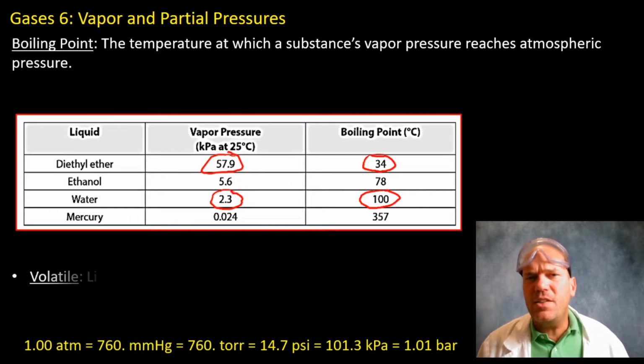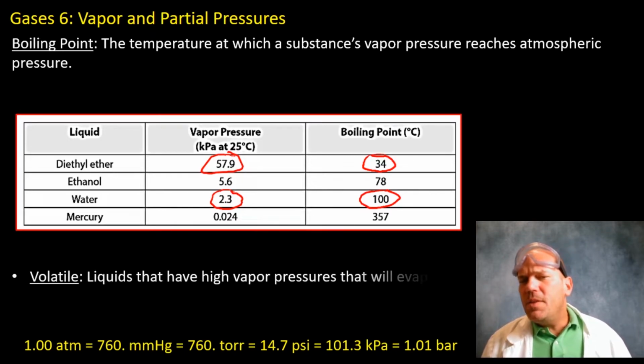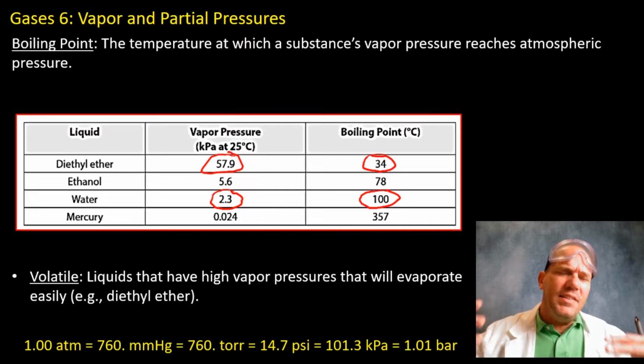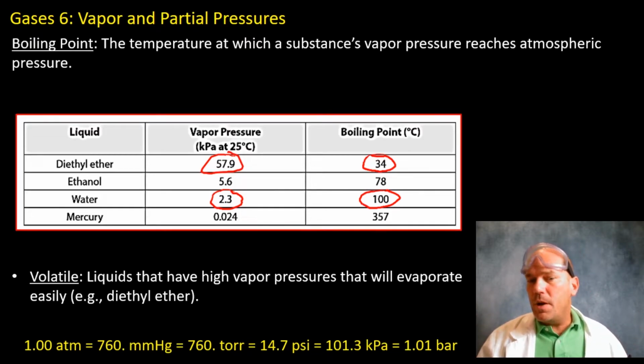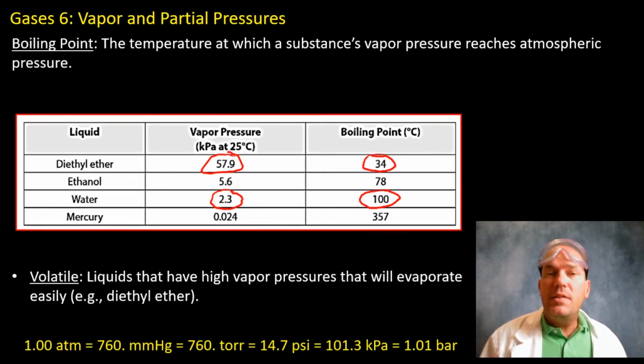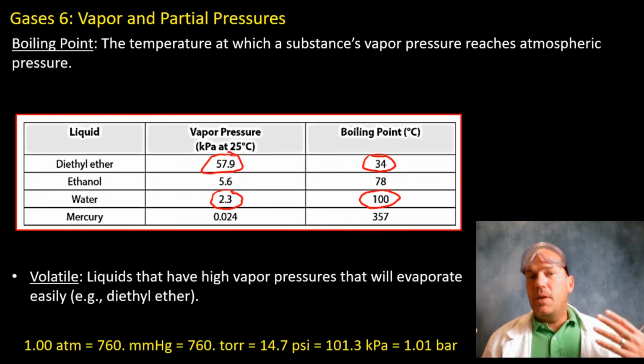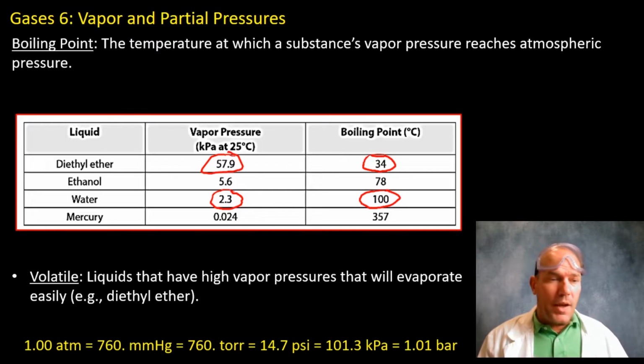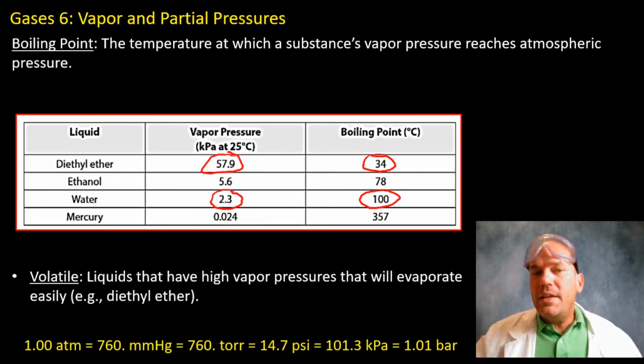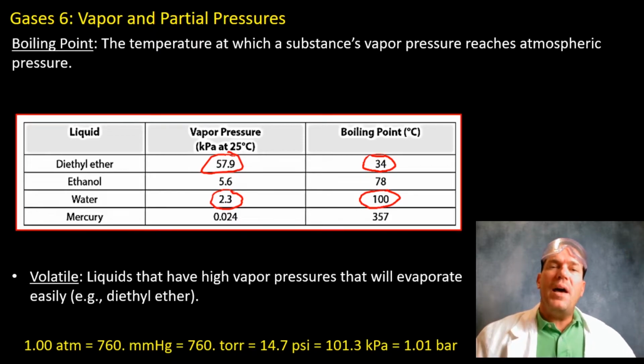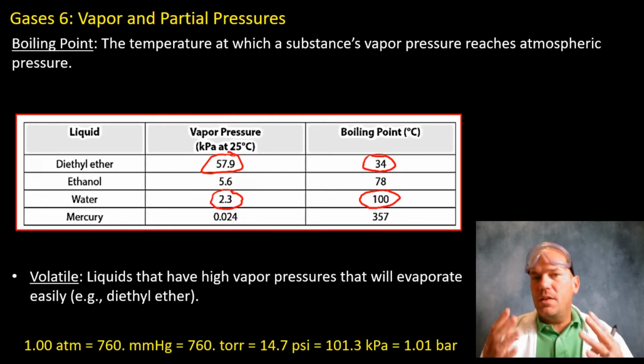Let's get a definition for volatile. These are defined as liquids that have high vapor pressures, and thus they will evaporate easily, okay? And the best example right here would be diethyl ether. And of course, we could rank these substances by their amount of volatility.